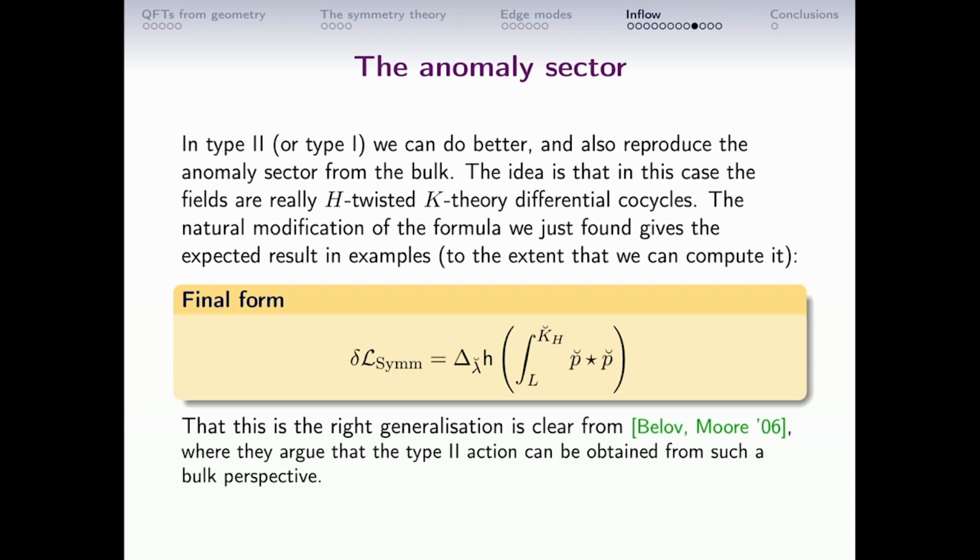Same formulas. To the extent that we can compute, we can reproduce many things. Maybe one thing I should say, once you generalize to H twisted K theory, you can now reproduce also the anomalies. So far I discussed the BF sector, but it's nice to reproduce also anomalies, and this formula packages everything, both the BF terms and the anomalies. So it's pretty neat.